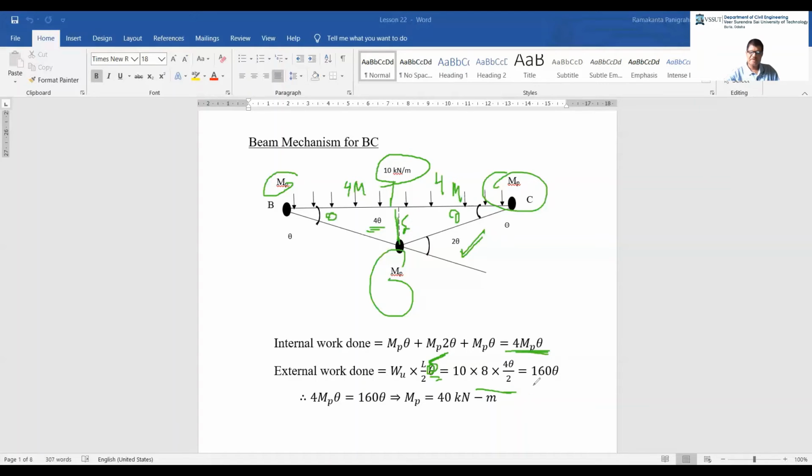So half into L into delta is the area, multiplied by the intensity of loading, Wu is 10. So it comes out to 160 theta. From this relationship, Mp comes to 30 kilonewton meter.